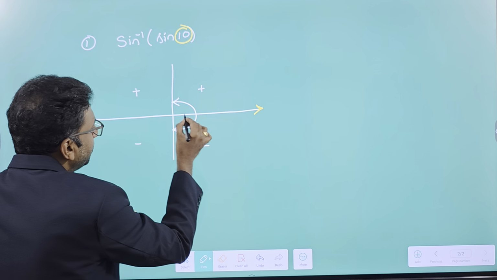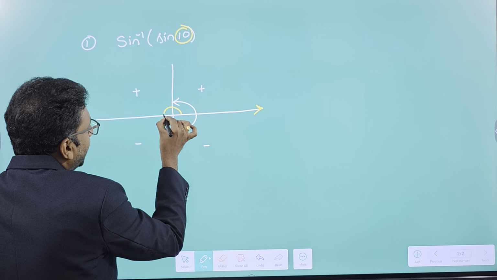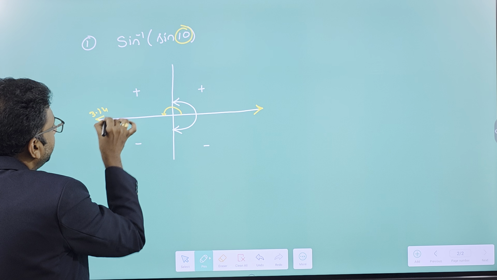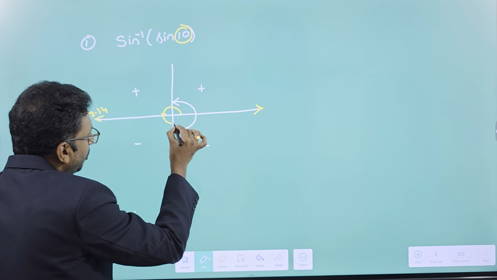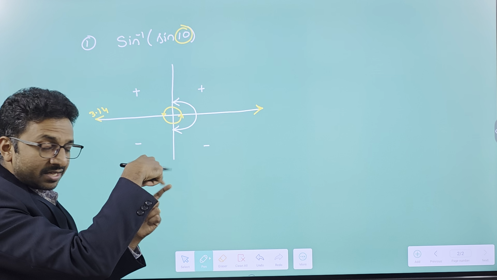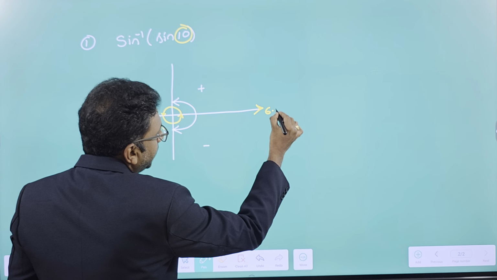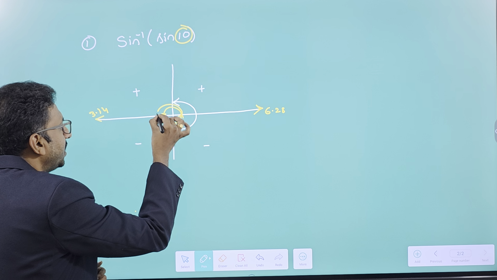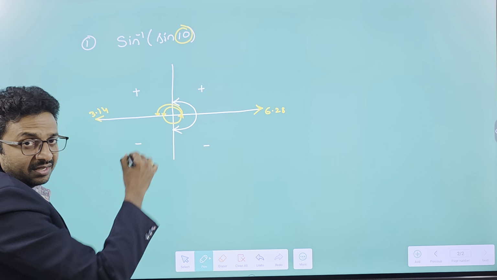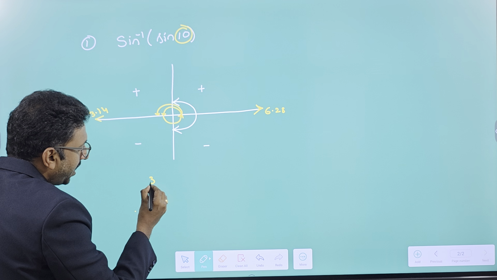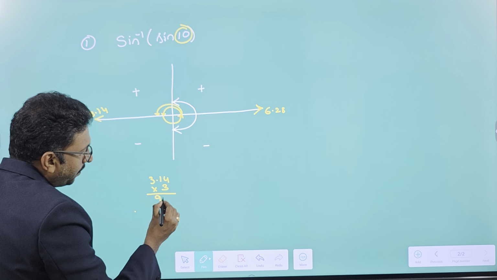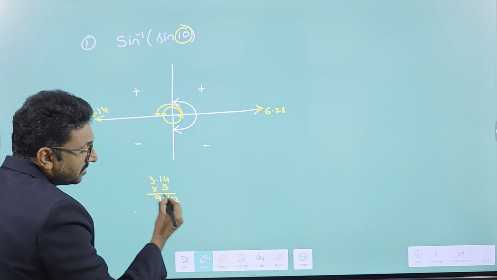So you know the values. If you rotate till here, it is pi radians. Pi is around 3.14. Now again one more pi radians. 2 pi radians have been rotated. So 6.28. Next, one more half rotation. So 3 pi. 3 pi is 3.14 into 3, so maybe 9.42 radians.